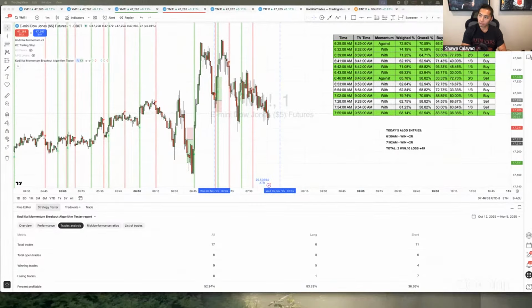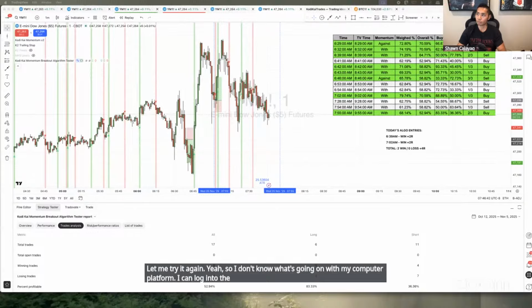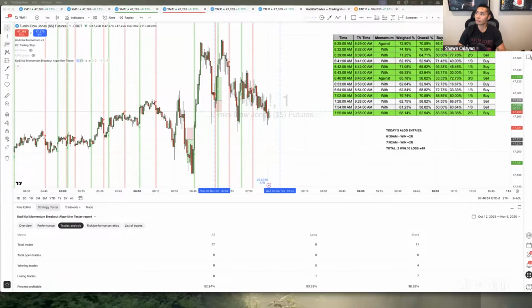Let me try it again. Yeah, so I don't know what's going on with my computer platform. I can log into the NinjaTrader web platform and it works perfectly fine. Well, let me see. Start trading.